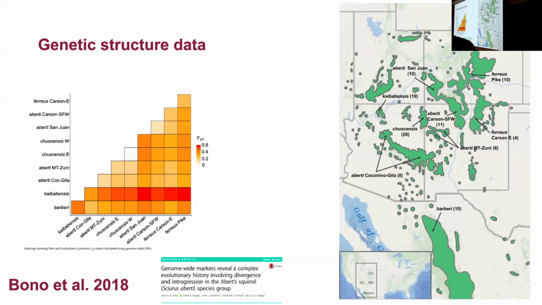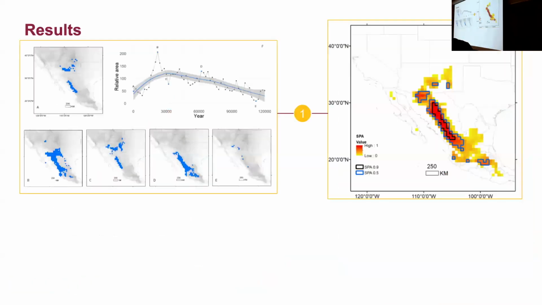And I fit the niche for this species. This is the actual area of the species in my model. Then I project to the past. So I can see the expansions and the contractions of the area.